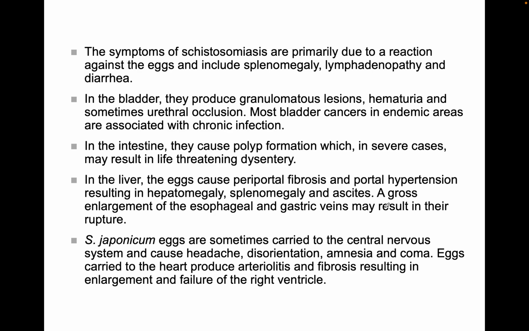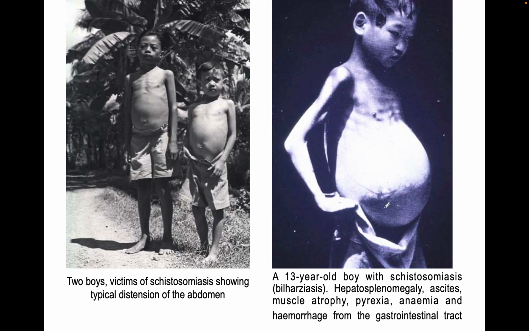Eggs carried to the heart produce arteriolitis and fibrosis, resulting in enlargement and failure of the right ventricle. These pictures are showing a very typical distension of the abdomen.